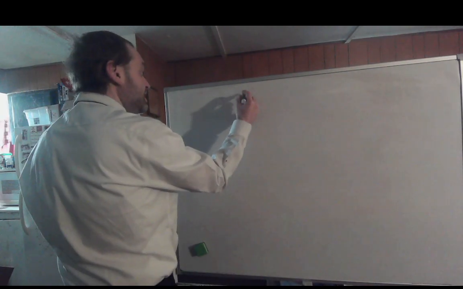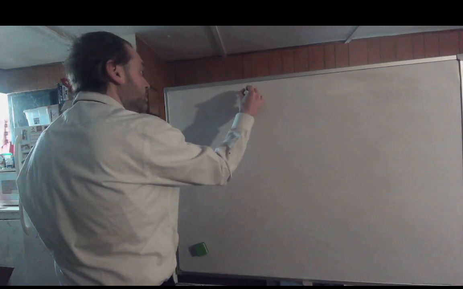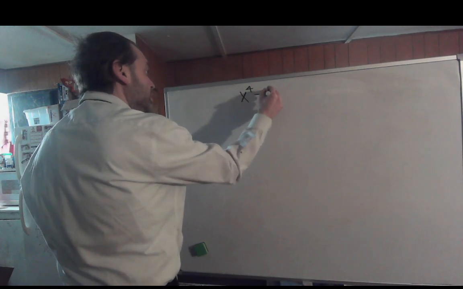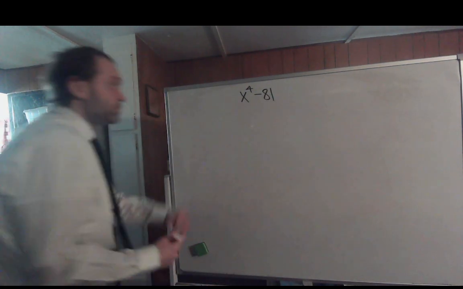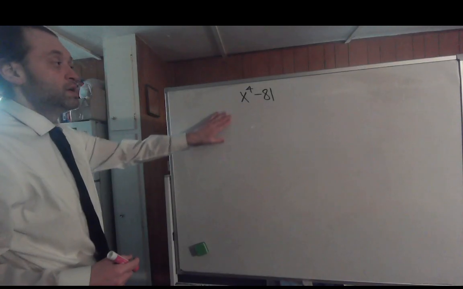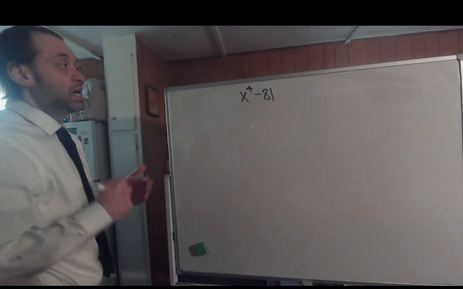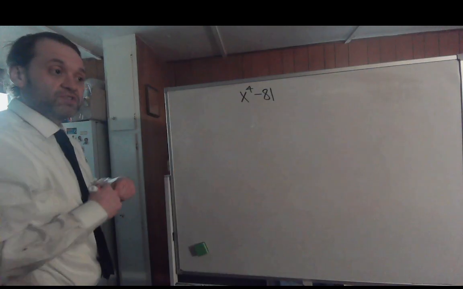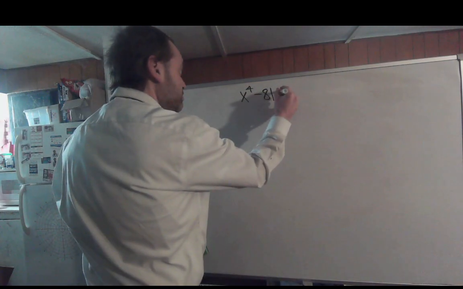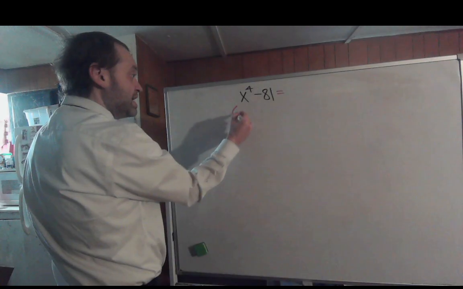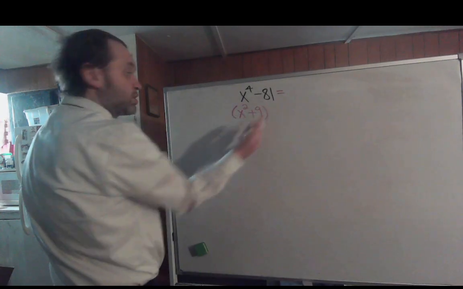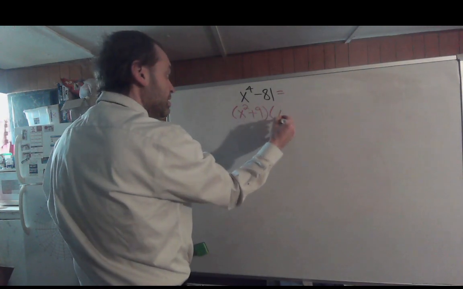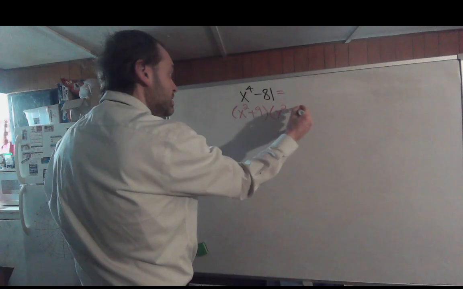Alright, so let's see, I have x to the fourth minus 81. Well, this almost looks like a difference of squares, doesn't it? So let's break this down. This will break down into x squared plus 9, that quantity, times x squared minus 9.